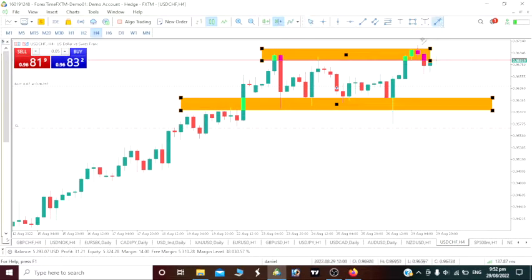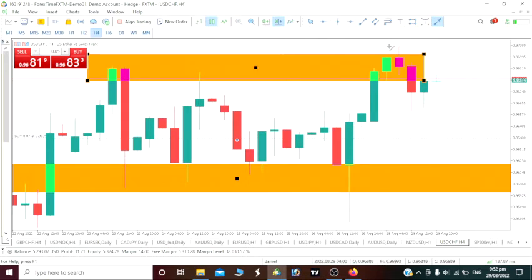So if you clearly want to enter this trade, then I will advise you wait for this price to break above this hourly high here, this long week high, which is about 0.97080. So if our price can actually break above 0.9708, then you can now take your trade on our USD Swiss franc.